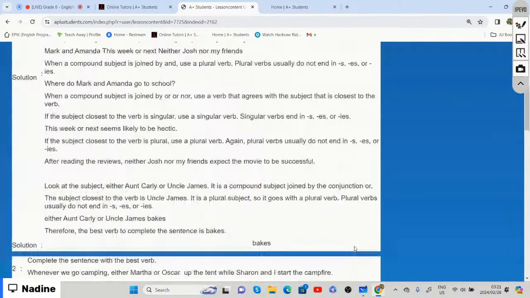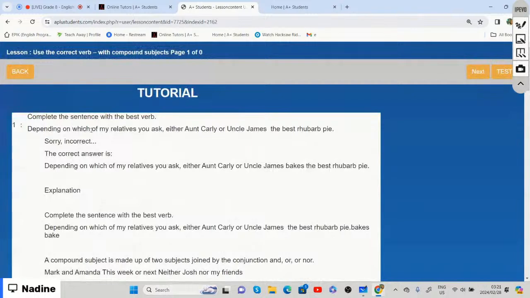For example, depending on which of my relatives you ask, either Aunt Carly or Uncle James. Now we need to say if it's bake or bakes the best rhubarb pie.